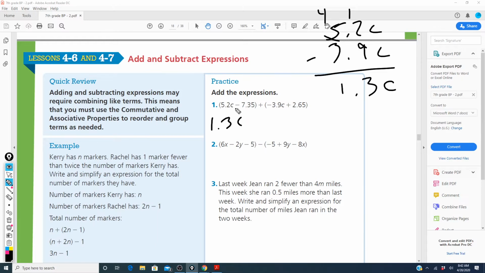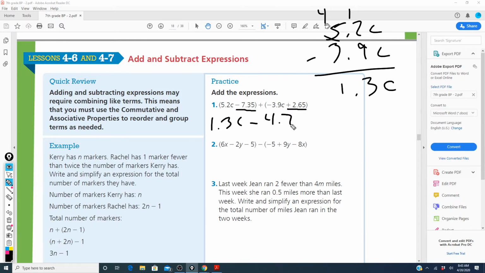Then you have your other part, which is negative 7.35 plus 2.65, and when you add those two together, that should give you minus 4.7.